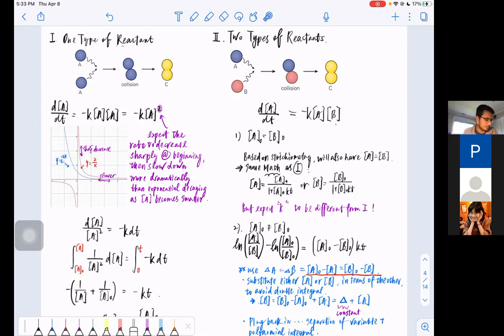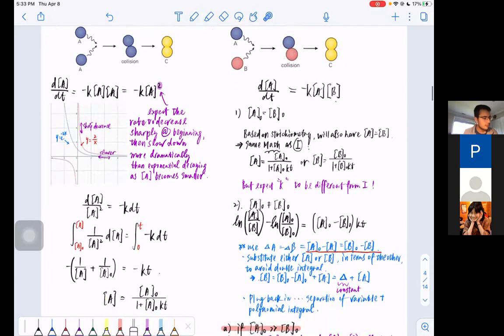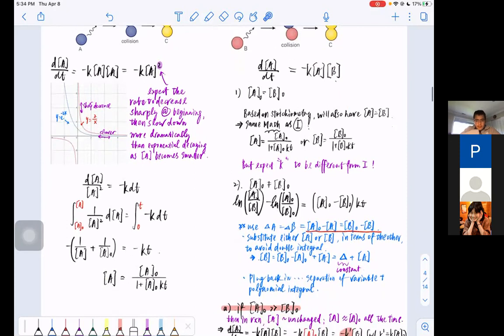So one trick you can consider is to write B in terms of A. We take advantage of the stoichiometric equivalence of conversion of A and B, meaning that changing A equals changing B. That enables us to write the concentration of B in terms of the concentration of A plus some constant.